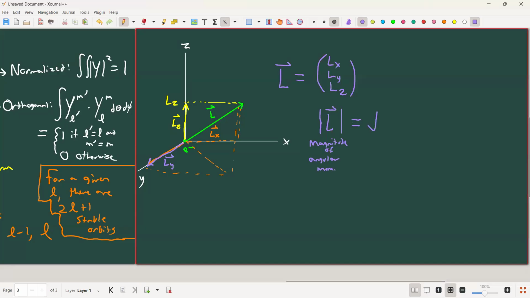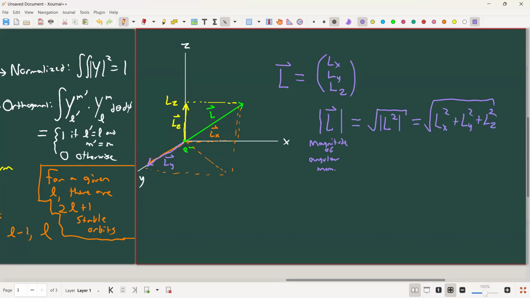It is going to be equal to the square root of L squared, which is equal to LX squared plus LY squared plus LZ squared. So L squared gives us something like length or magnitude. That seems like a useful thing to measure.